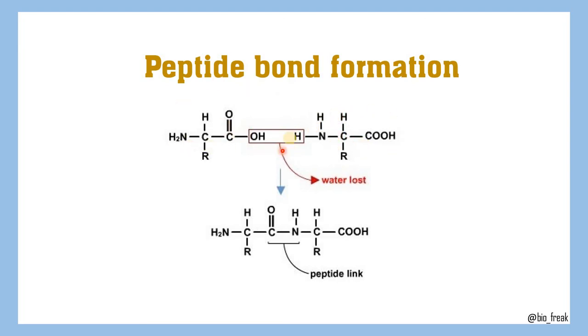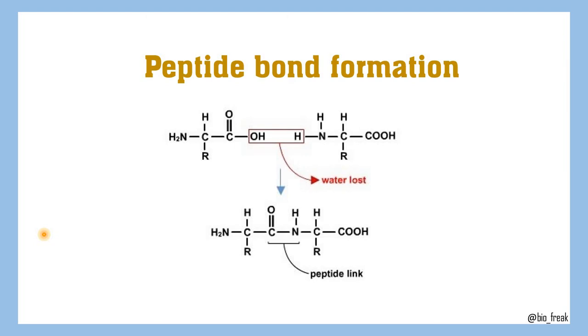So which group over here is participating? This is the amino group and this is the carboxylic acid group. So OH from the carboxylic acid and one H from the NH2 amino group combine to form water. The water molecule is lost and then you get this peptide linkage in between. So that's how the peptide links are formed, and this continues on and you will get a long chain polymer and you will finally get protein.